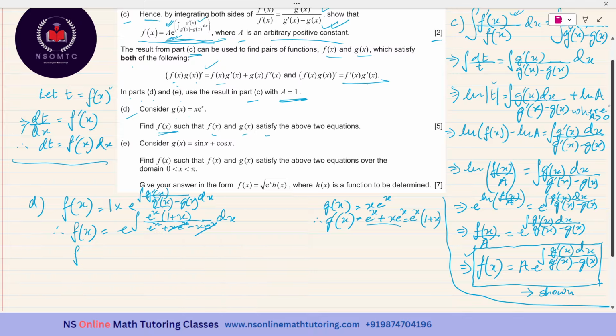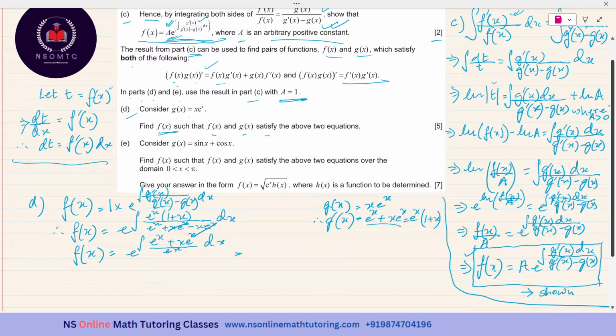And we have f of x equal to e to the power of the integral of e to the power of x times 1 plus x. I can expand this, or else the e to the power of x will get cancelled, but because I have expanded it, let me keep it this way for this step.